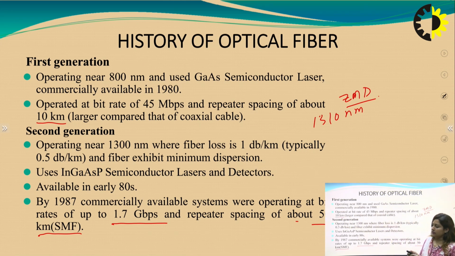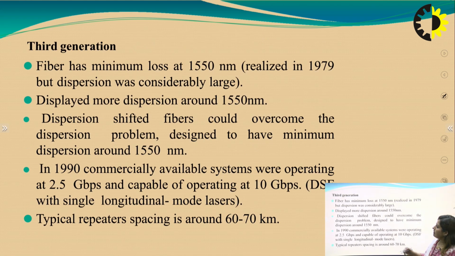In the third generation, the fiber has minimum loss at around 1550 nanometer, and at this wavelength the dispersion is quite large. We can easily reduce the dispersion by using dispersion compensating fiber, called DCF. This is a special kind of fiber.